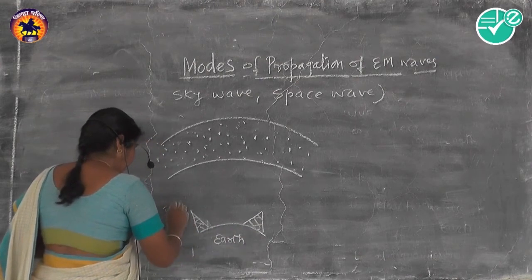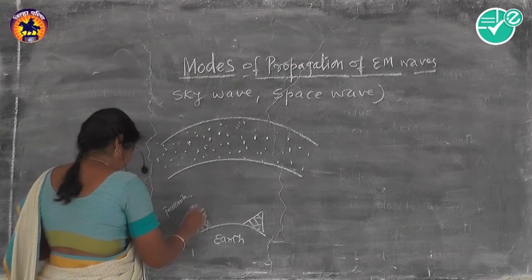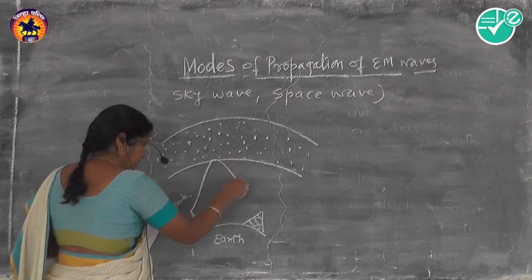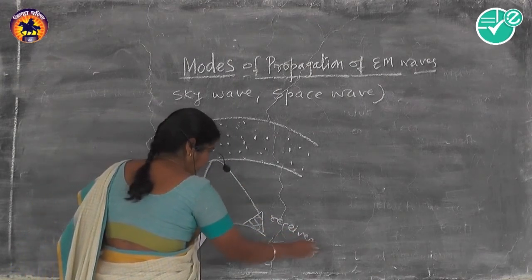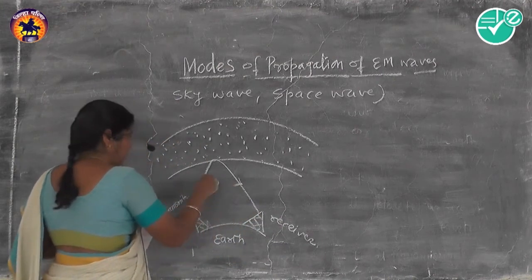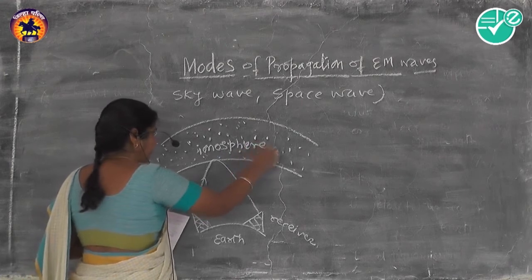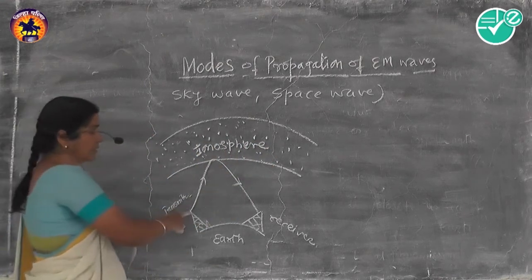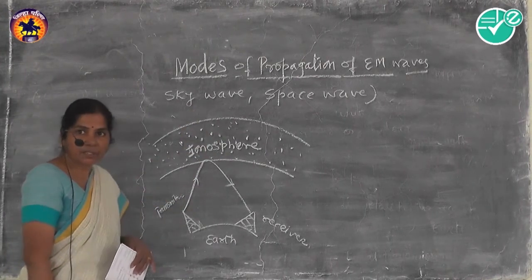From the transmitter, signals are sent towards the ionosphere, and they are received back at the receiver after reflection from the ionosphere. This type of propagation is called sky wave propagation.